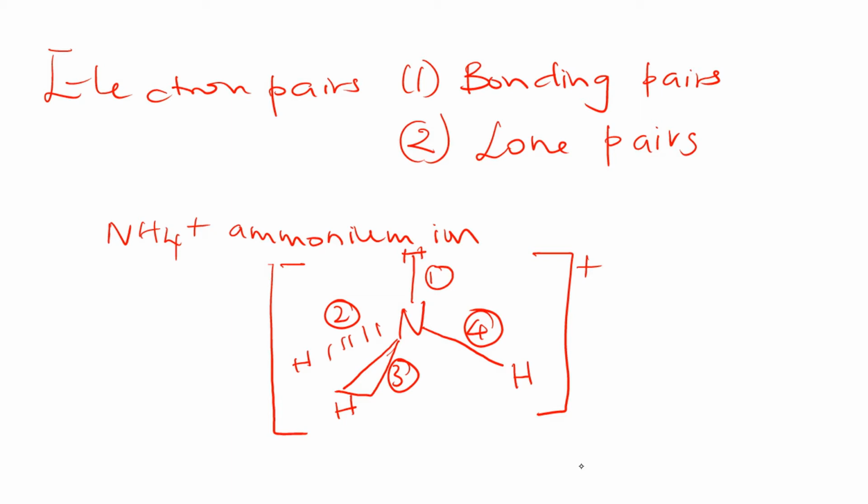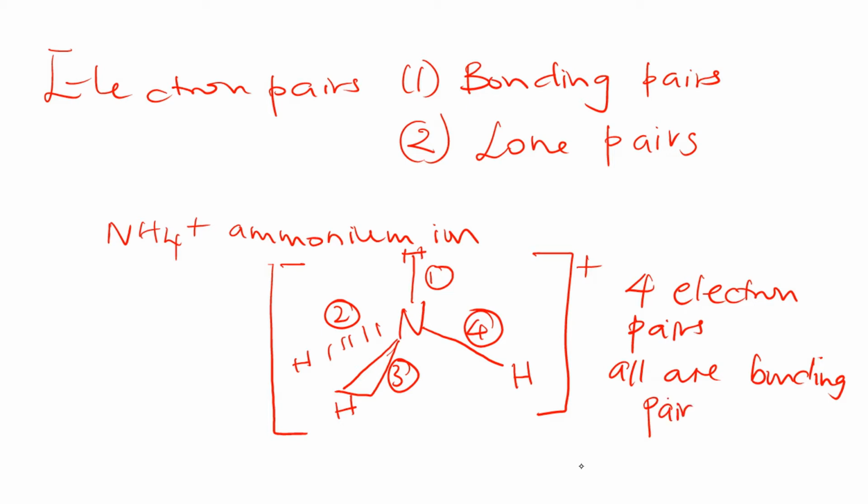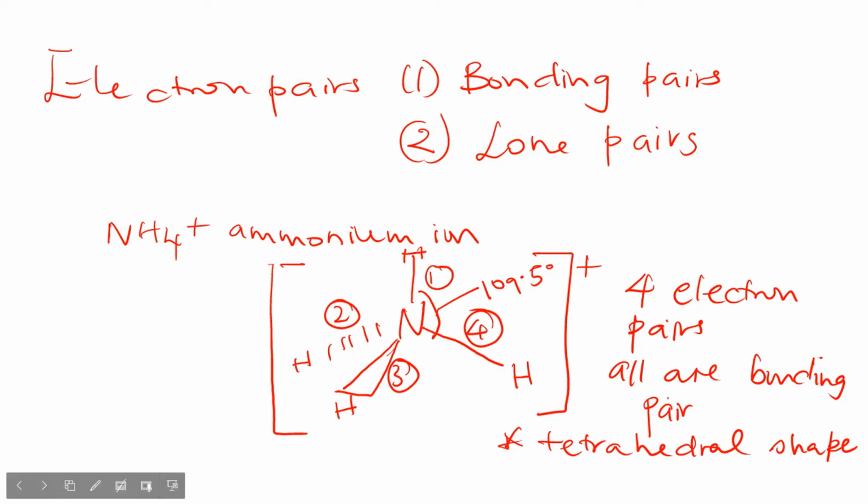The bonding pairs in the ammonium ion will arrange themselves in space to reduce the repulsive force, and this will result in the molecule adopting a tetrahedral shape with a bond angle of 109.5 degrees.